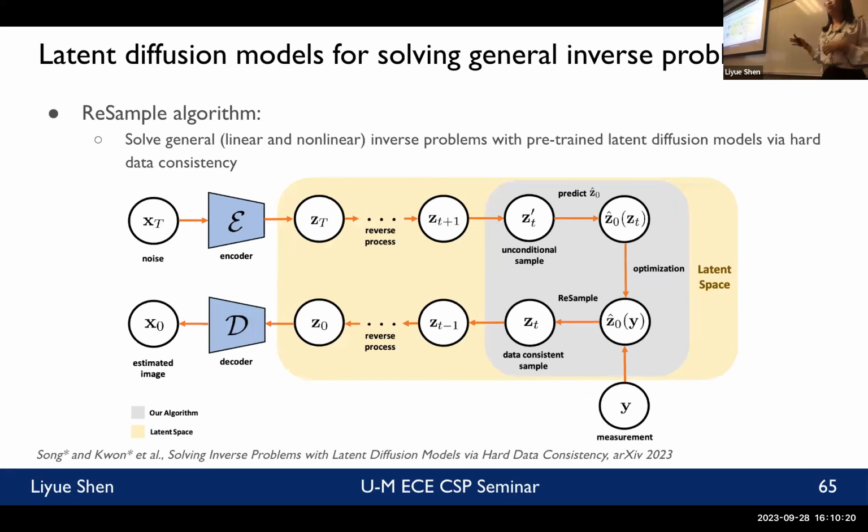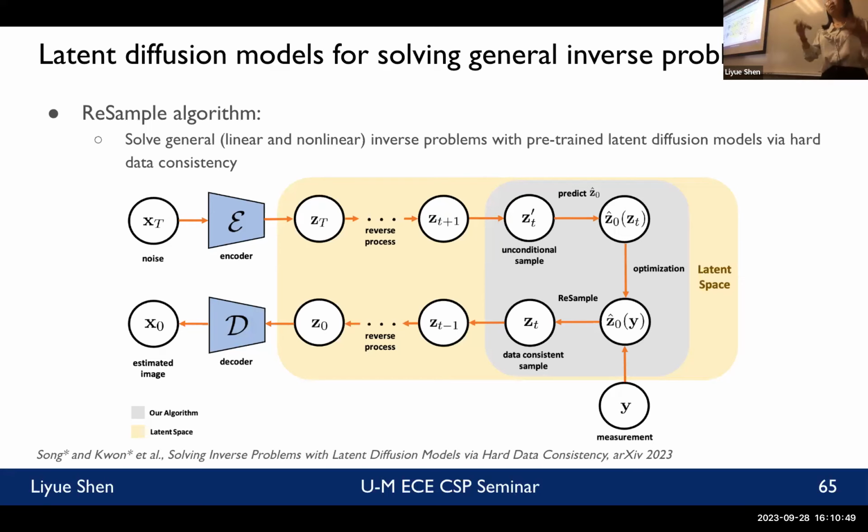In this research work, which we just put on arXiv over the summer, we propose a new methodology to solve the inverse problem with the latent diffusion model, and especially to make reliable data consistency in this process. Why is this problem difficult and challenging? It's because of the nonlinearity from the encoder-decoder you can see here in the left figure.